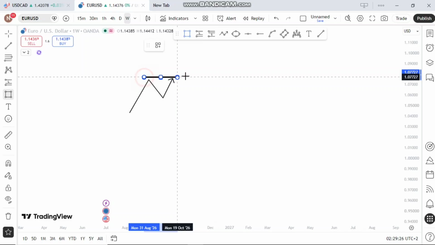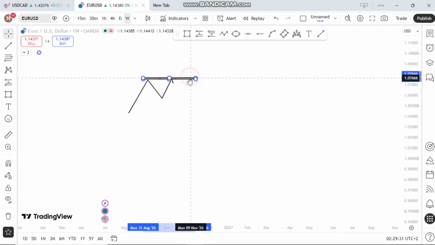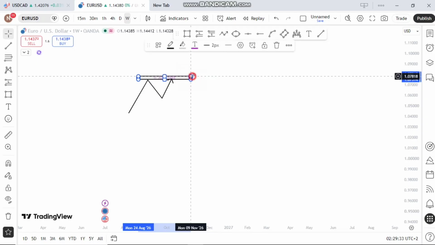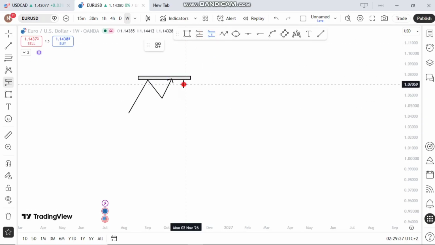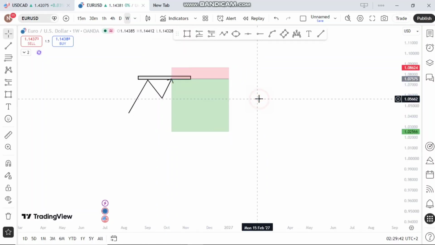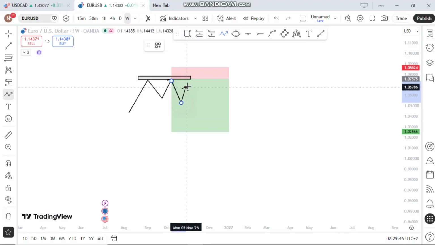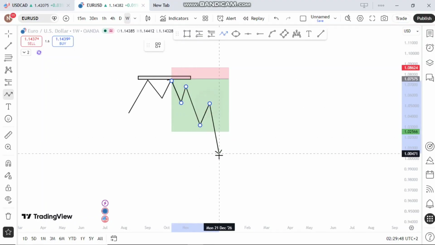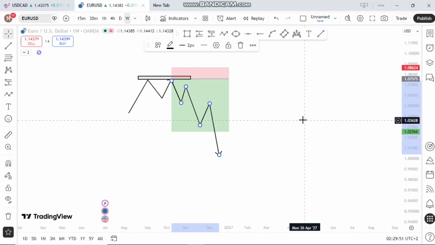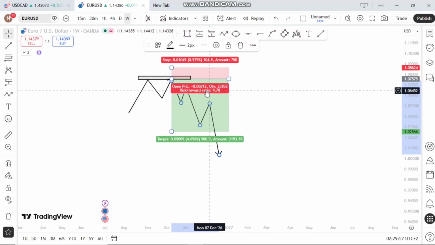You can mark out your zone, and then predict what happens. Boom, boom, boom. That is what support and resistance is all about.